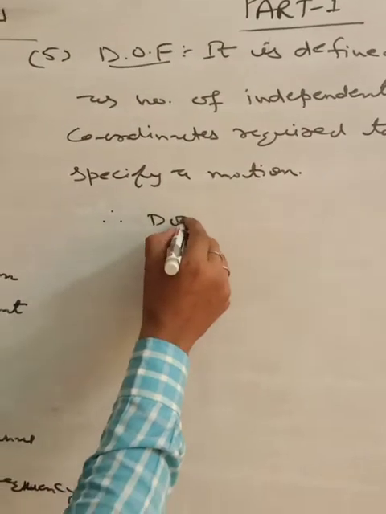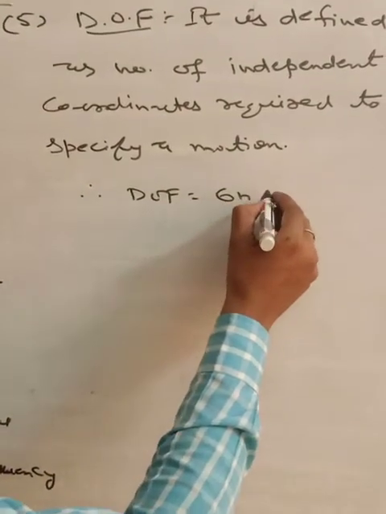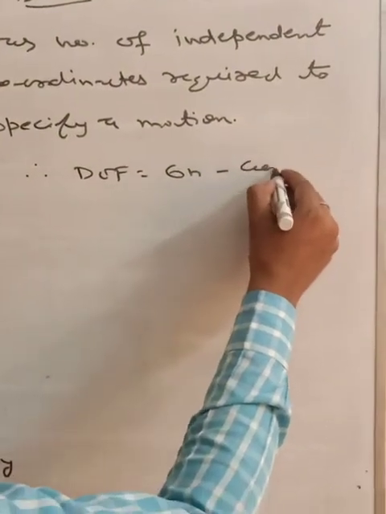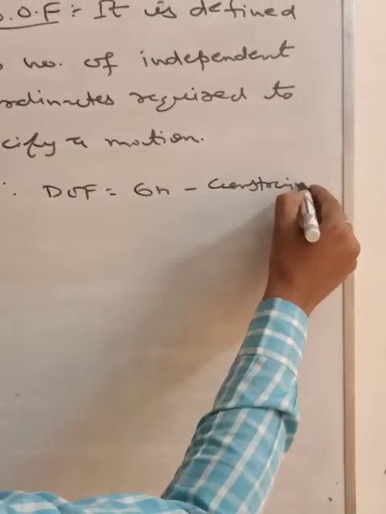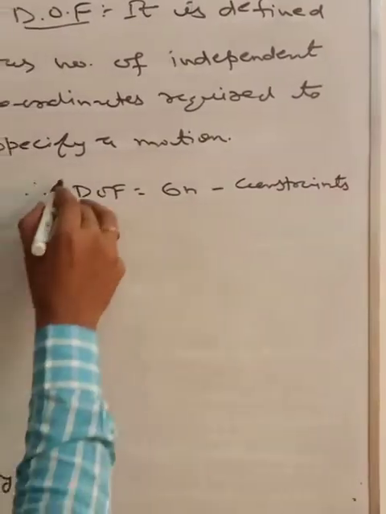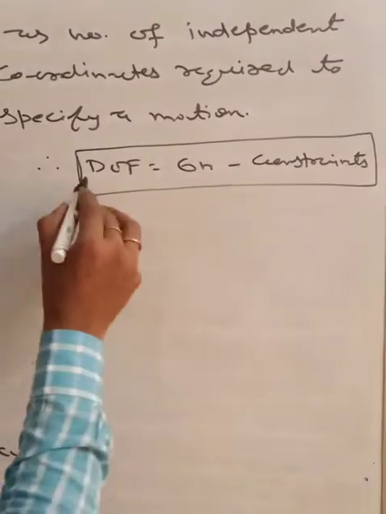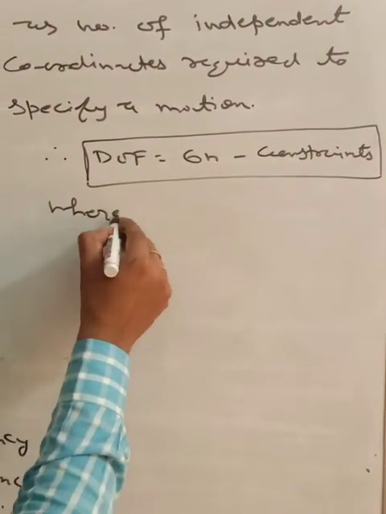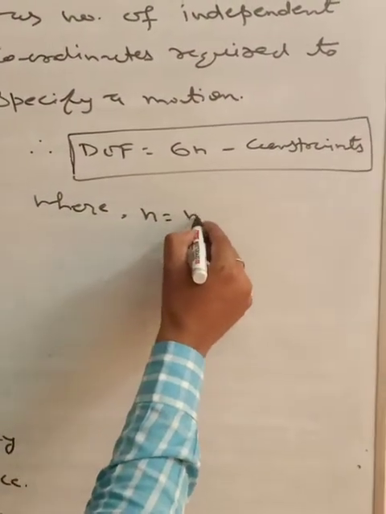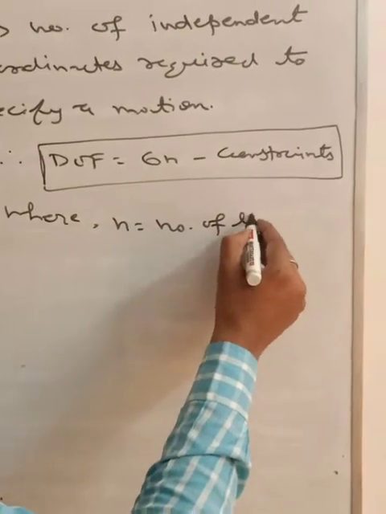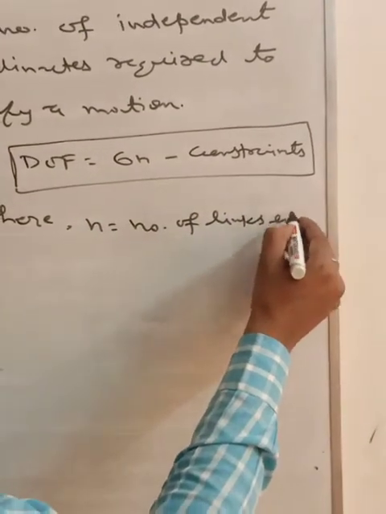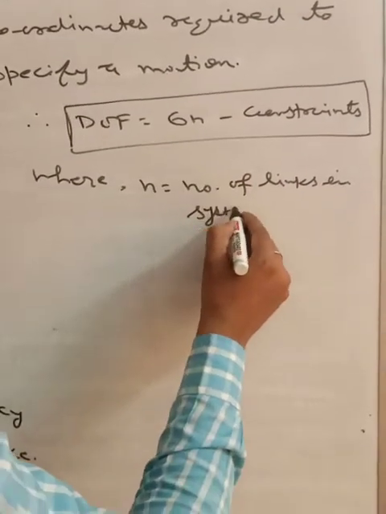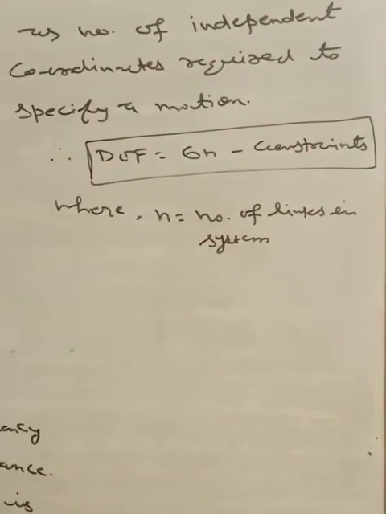Mathematically, degree of freedom is equal to 6n minus constraints, where n is the number of links in the system.